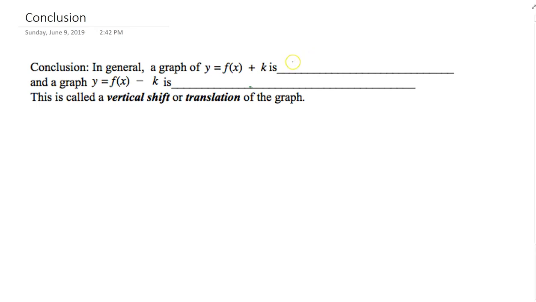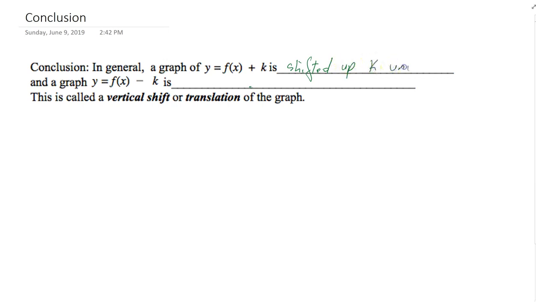And a conclusion we will make is that the graph of y equals f of x plus k is shifted upwards k units, where k is a number like 4 in our previous example.